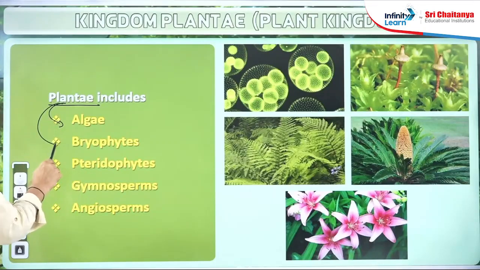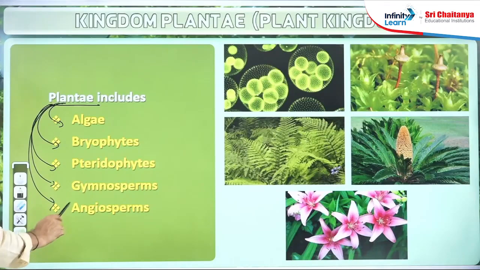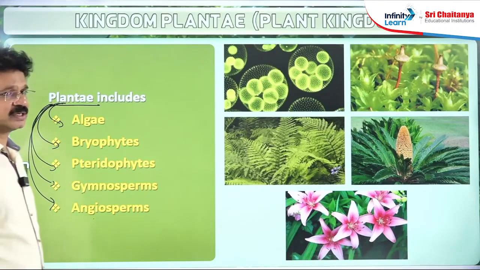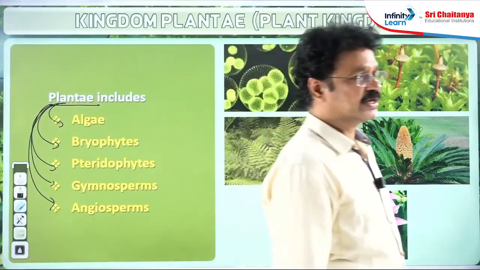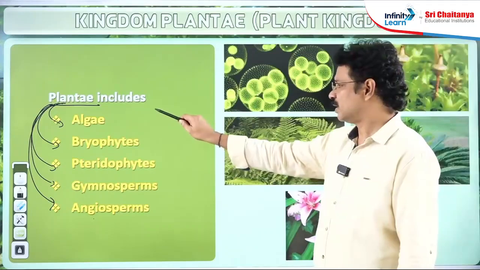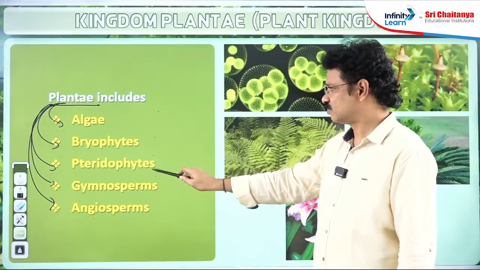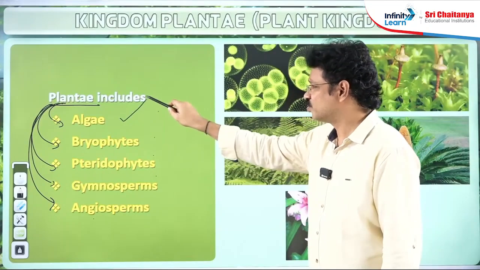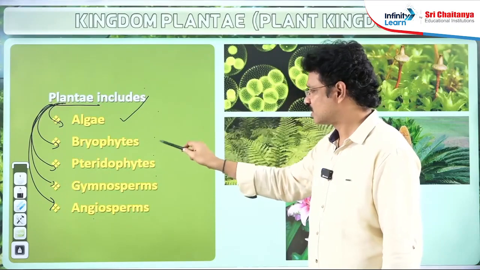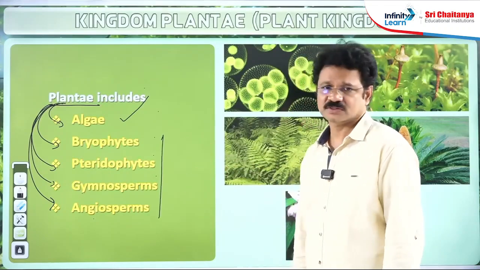One is algae, second bryophyta, third pteridophyta, fourth and fifth gymnosperms and angiosperms respectively. These are the 5 groups of the plant kingdom. Algae is the primitive or lower group, the remaining all are higher groups.